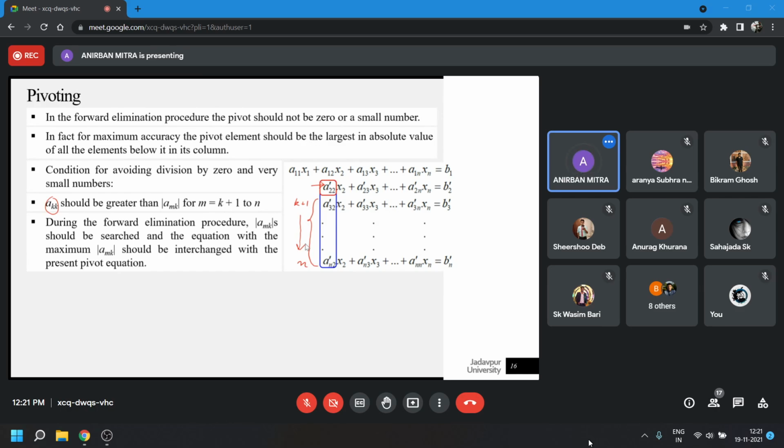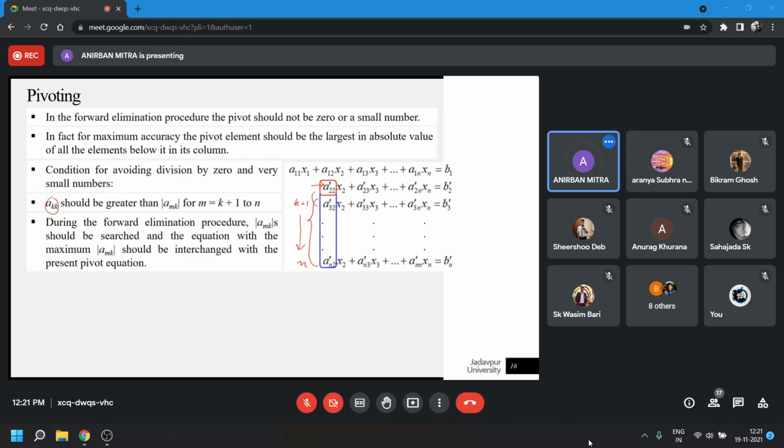So what we can do during the forward elimination procedure, we can search along this column and find out where this maximum element is present. It may be a32 dash, maybe that a32 dash is greater than a22 dash. Then we will interchange those two equations.